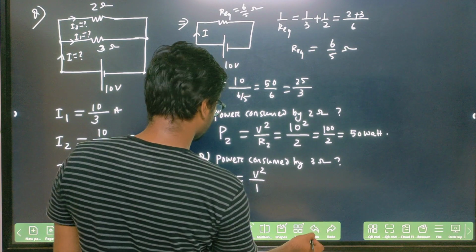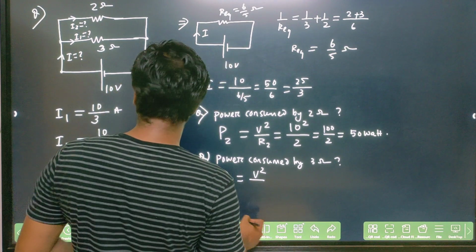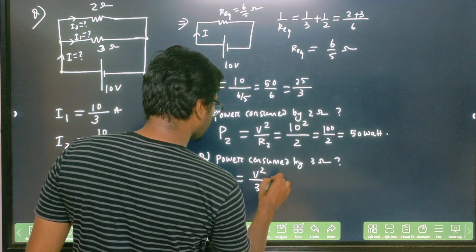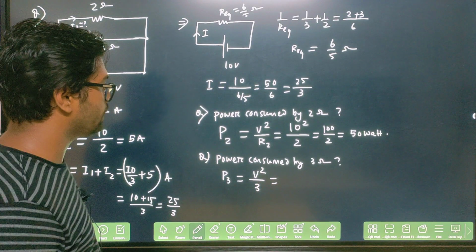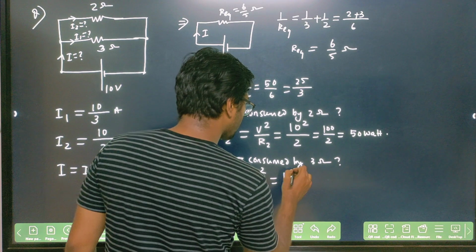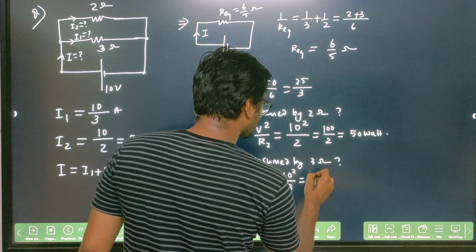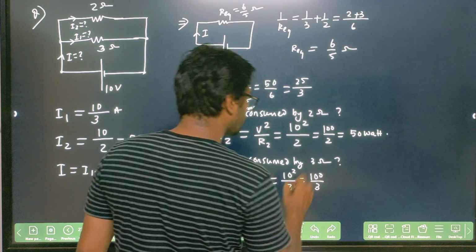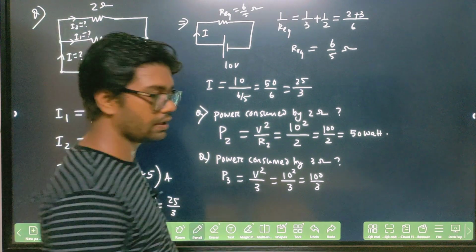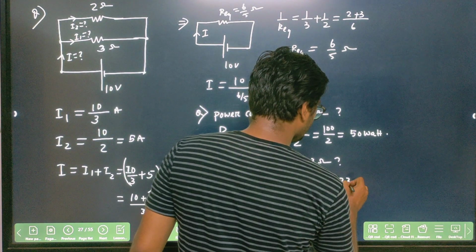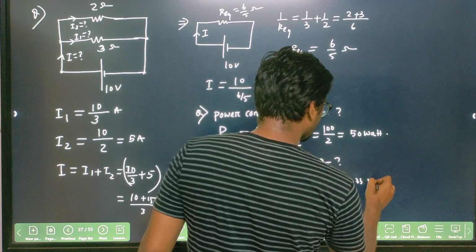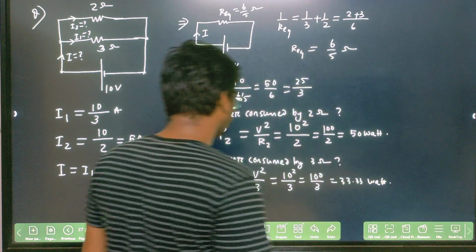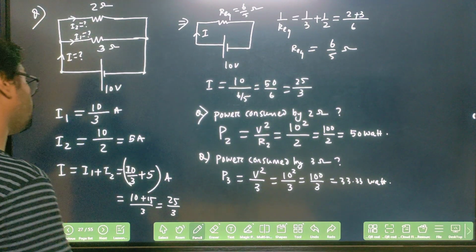Or V square by, I am directly writing, this is your 3 ohm, right? V square by 3. So V is how much? 10 square divided by 3. So this will be 100 by 3, approximately 33.33 watt.